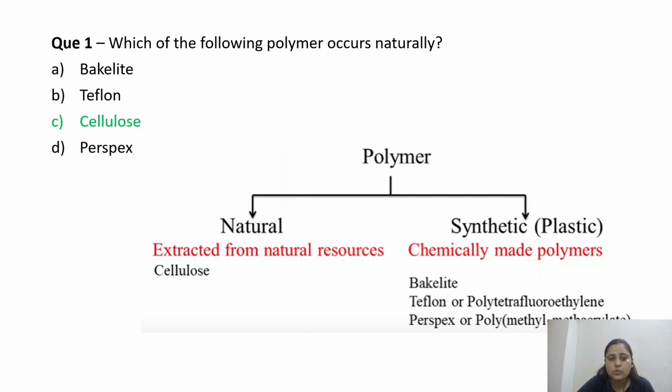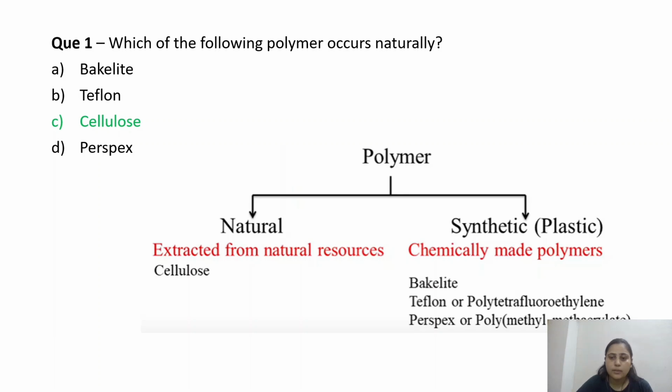It is extracted from the wood or from the fruit pulp or the peel, and from the bran or the husk of different cereals. So it is naturally occurring. And the synthetic polymers are chemically made.